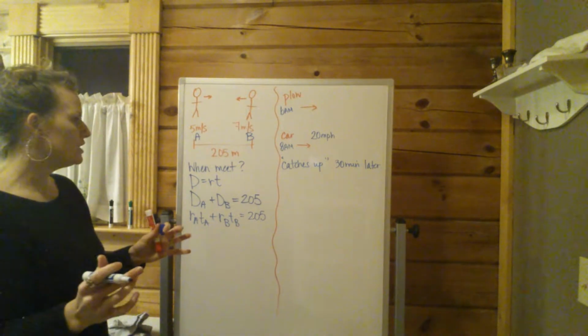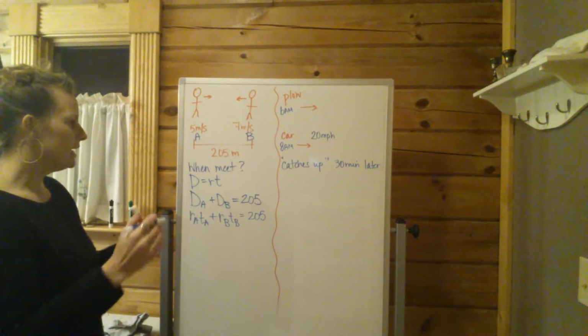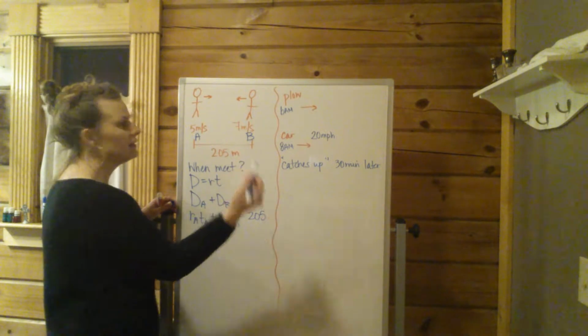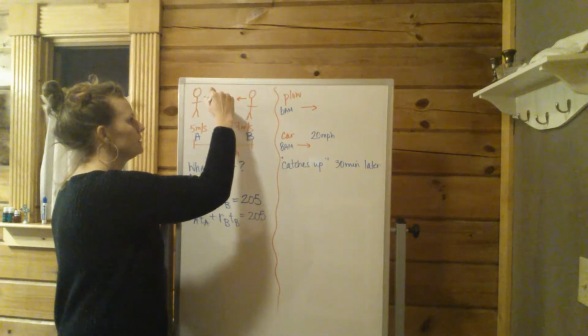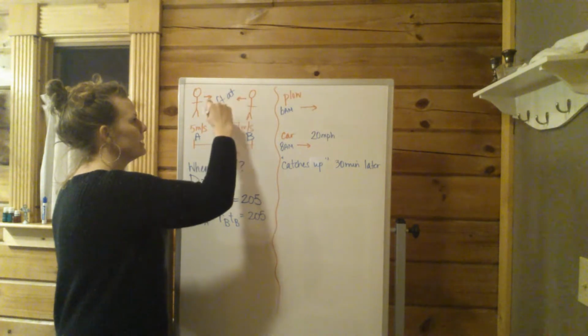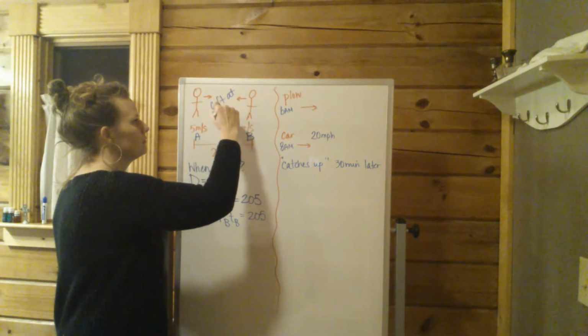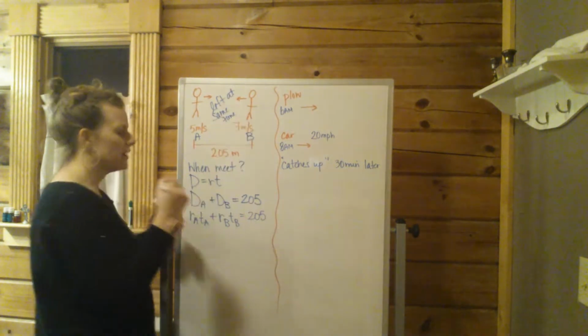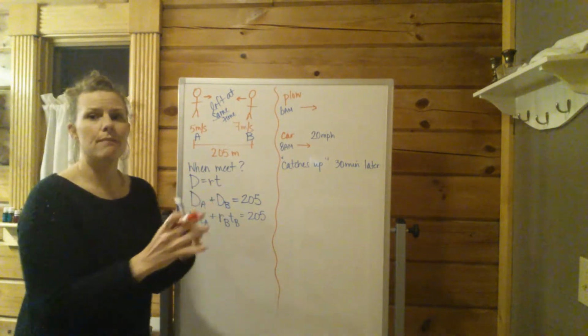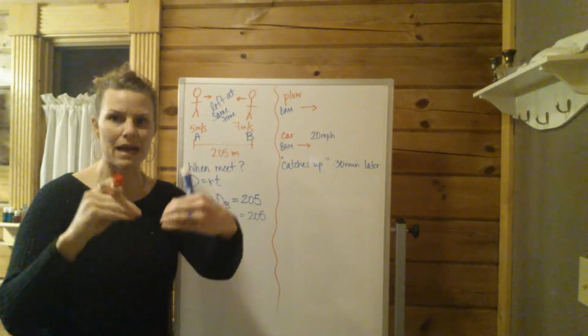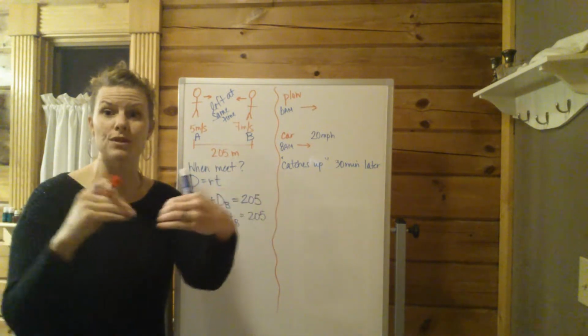Now, one piece of information I did not give you is their time. Let's say they left at the same time. They also have to give you that fact as well. So if they left at the same time, that means they're walking the same amount of time, correct? So their times are equal.